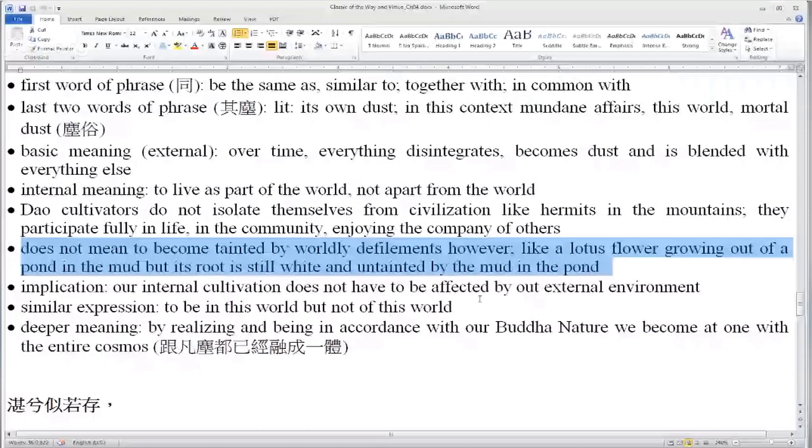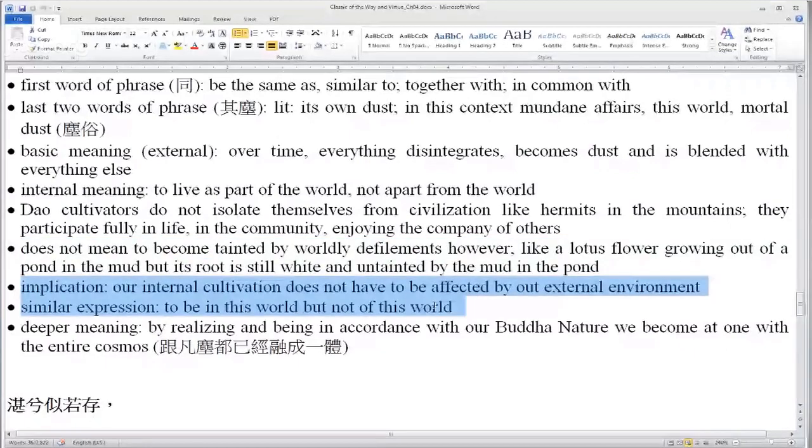What it means is that our internal cultivation does not have to be affected by our external environment. This is not easy, of course, but that's the reason why we continue to cultivate, to learn, to practice. So it's to be in this world but not of this world. And then the deeper meaning is this.